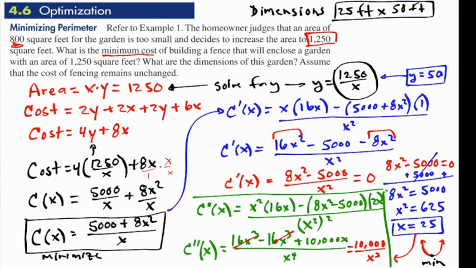So we're going to multiply y by 4. So 50 times 4 is $200. We're going to multiply x by 8. 25 times 8 is $200. So 200 plus 200 gives us a minimum cost of $400. And that is to create a rectangular garden fence that has an area of 1,250 feet.